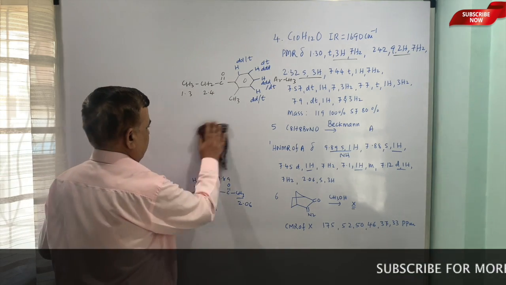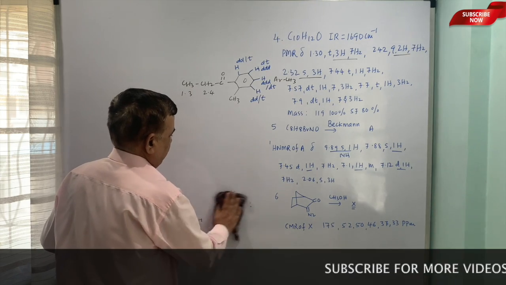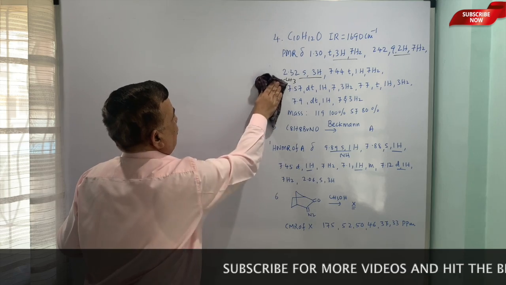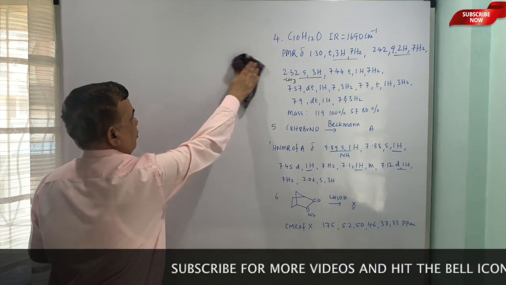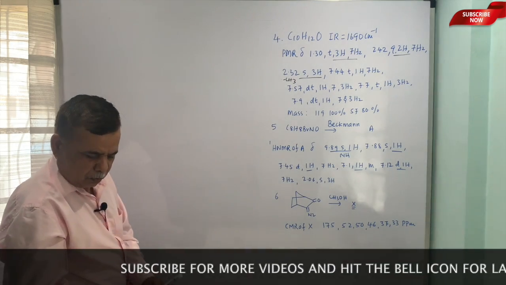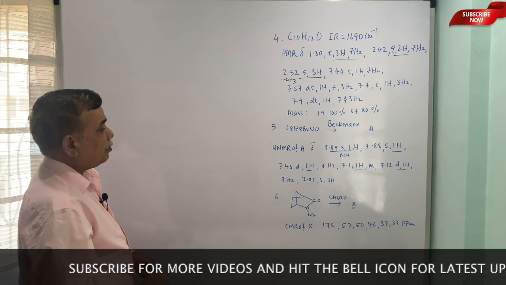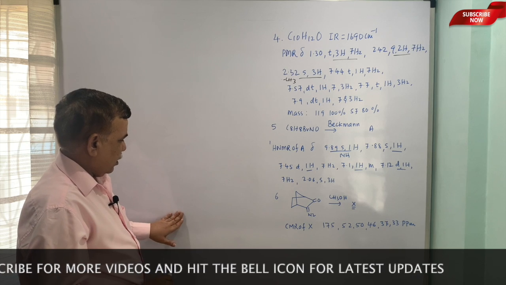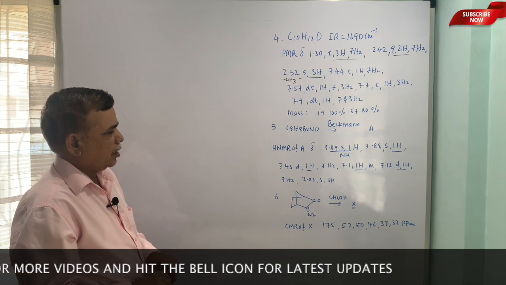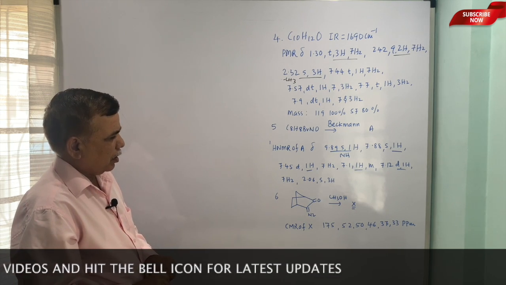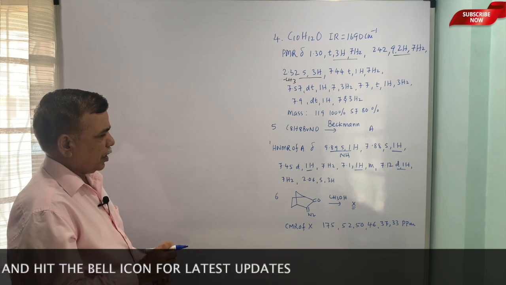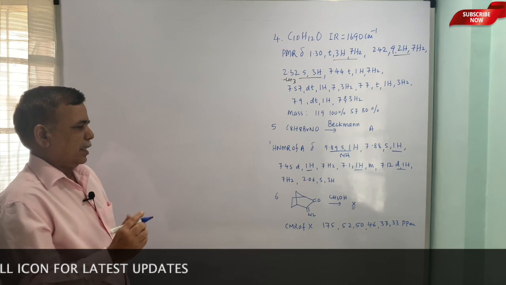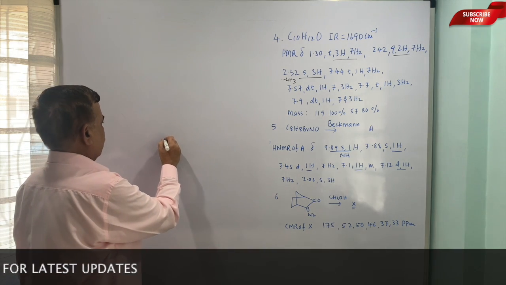Okay. The next example, just do this also. This diazo compound is treated with methanol, and of course heating is also there, and you get X, and only CMR is given for X. So, let us check what X would be.